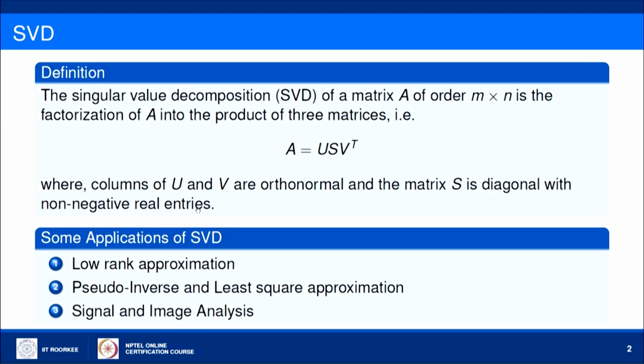So what I want to say is, the matrix A has size m by n. This matrix A I am writing as the product of matrices U, S and V transpose.